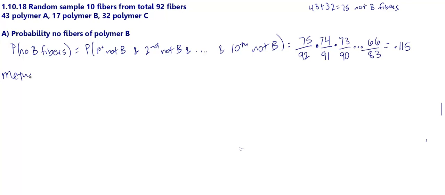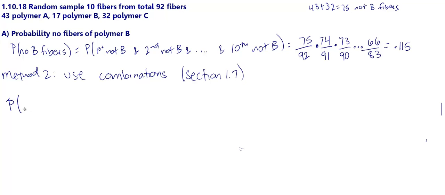Or method 2, use combinations, and we're going to use combinations instead of permutations because the order doesn't matter. And this is in section 1.7. So if we're looking for the probability of no B fibers, we say, okay, how many ways can I get a sample of 10 not B fibers?